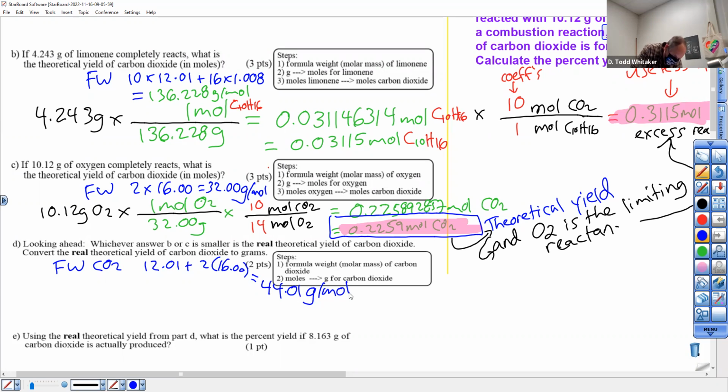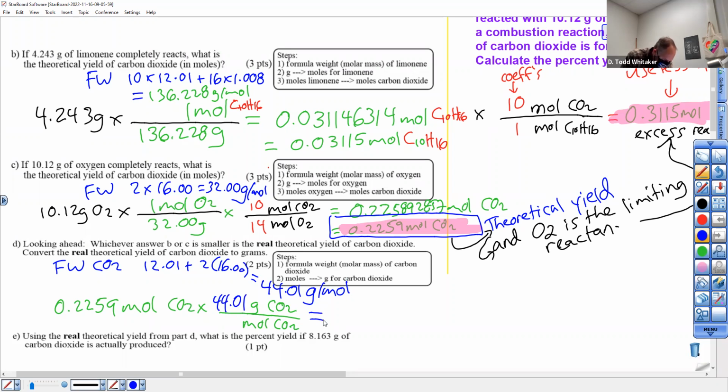So I'm going to convert that square box, 0.2259 moles CO2, with something that gets rid of mole CO2 and gives me grams CO2. It's written right above, 44.01. No activity for this, so don't stress out, guys.